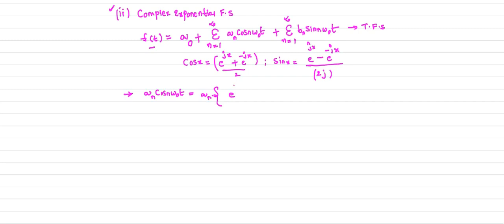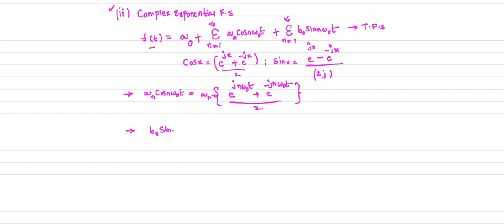Cos x is nothing but e power j n omega naught t, here x is n omega naught t, plus e power minus j n omega naught t, divided by 2. So that is my cos n omega naught t in terms of the complex exponential function. That is your representation.